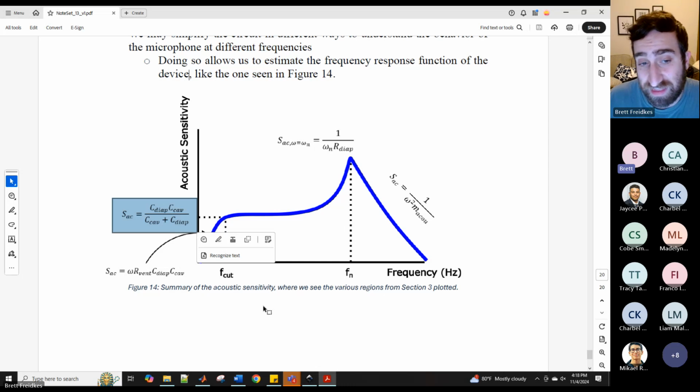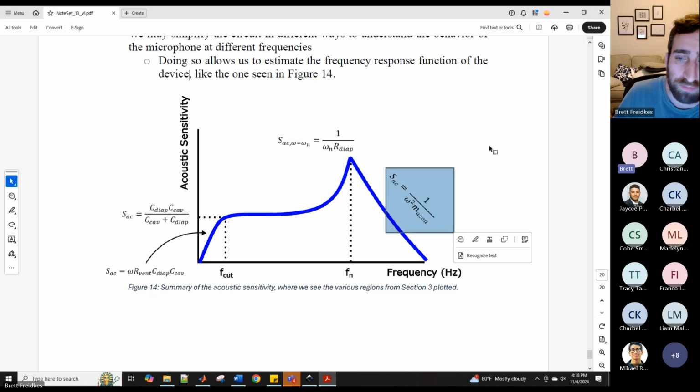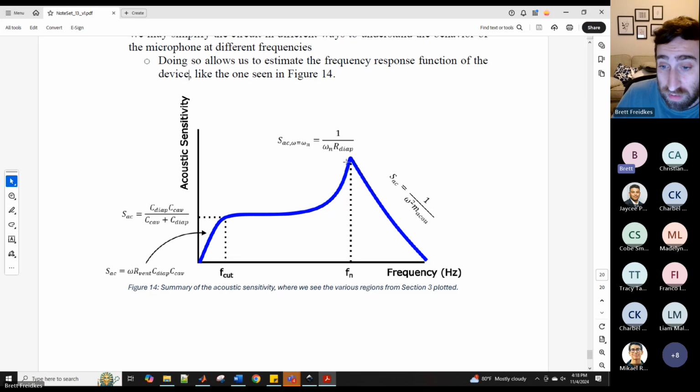It depends on the stiffness of the device, the compliance of the device. At resonance, we have our sensitivity being dependent strictly on the damping. And then we see that at higher frequencies, it ends up dropping as a function of omega squared. And then eventually we'll go to zero as we go to infinitely high frequencies. Does that summarize things okay?